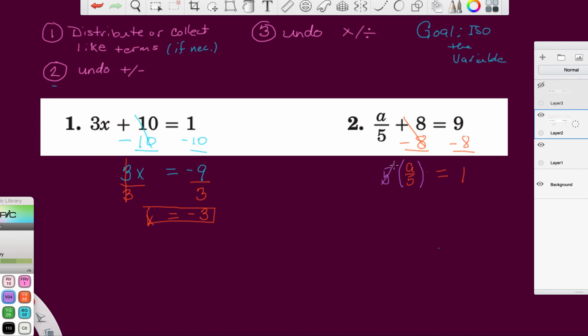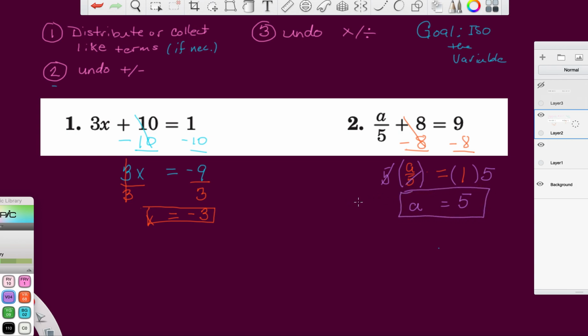Times 5 gets rid of division by 5. And then multiply by 5 over here. This leaves me with just a single a. And 1 times 5 is 5. There's our answer.